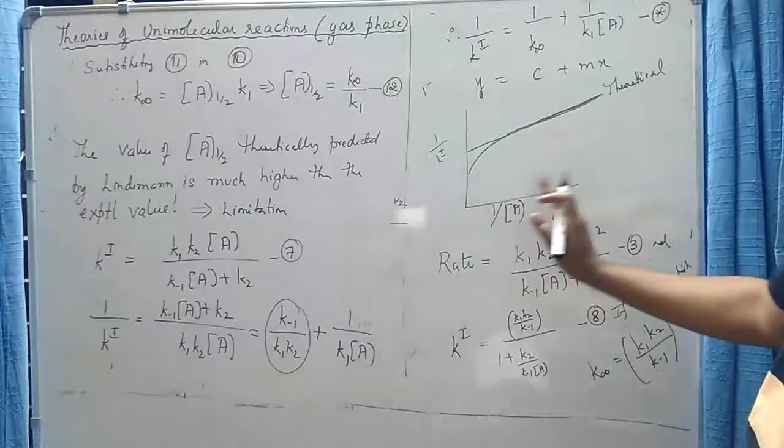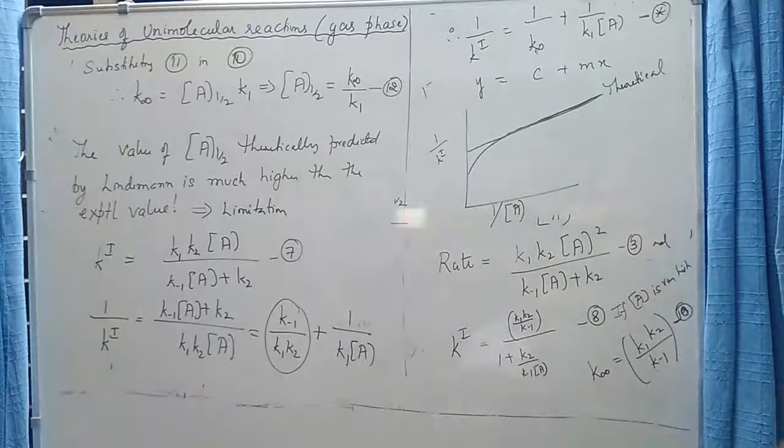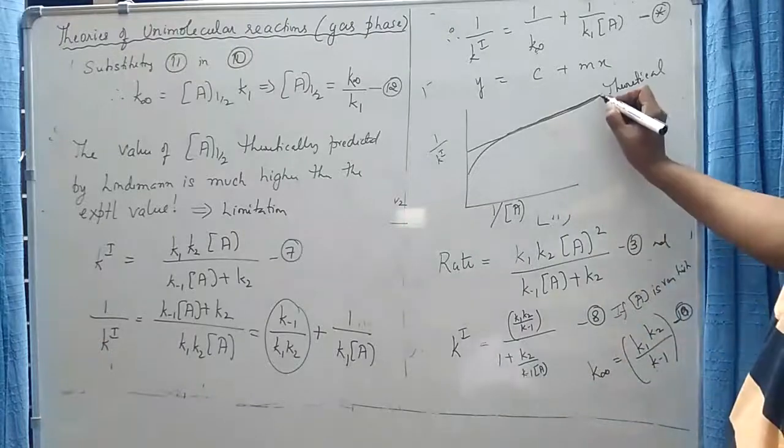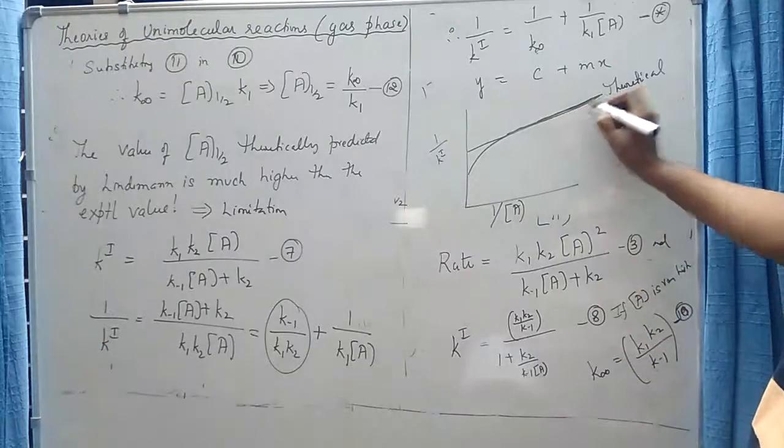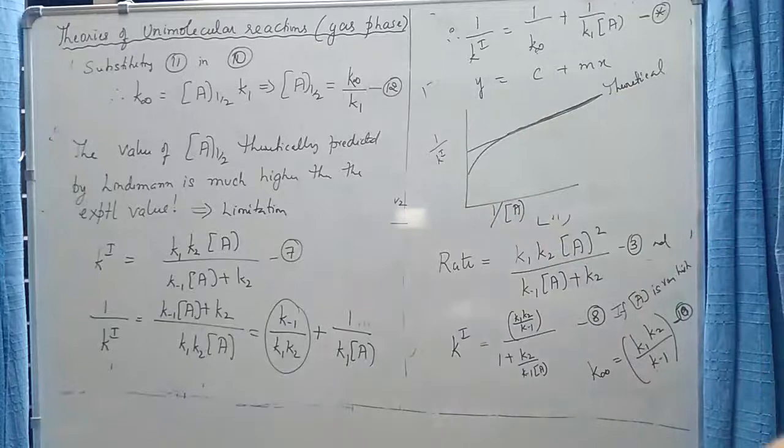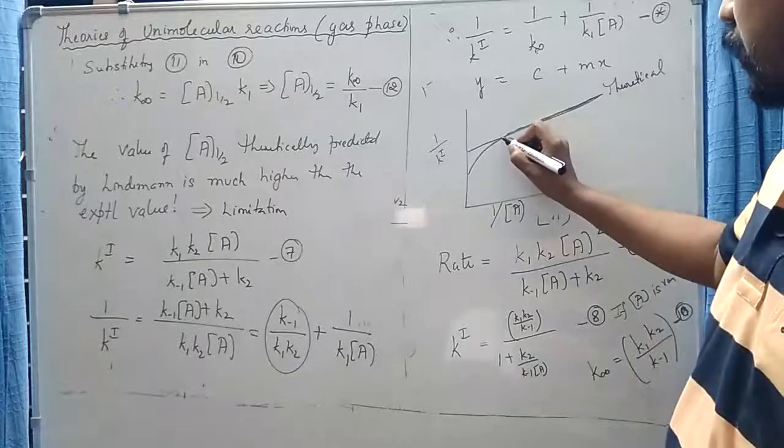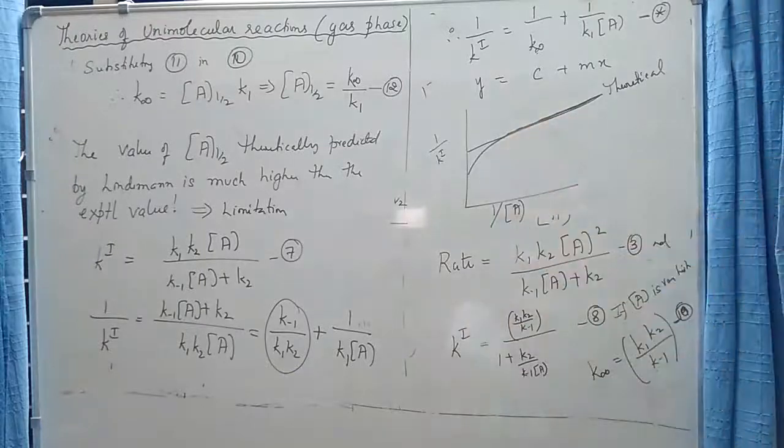At very low concentration, the theoretical and the experimental curves match with each other. But at high concentration, the plot deviates from its linear behavior. It deviates from the theoretically predicted value as well as from linearity.